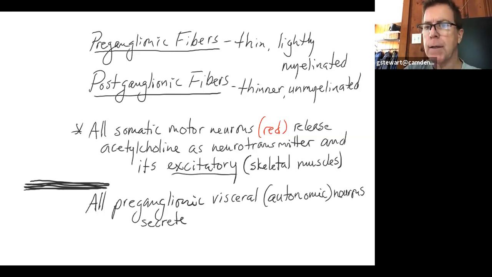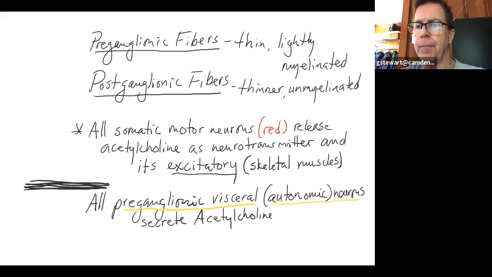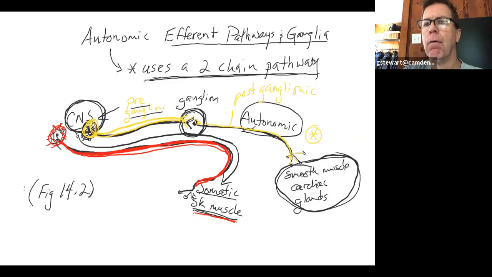These secrete acetylcholine as well, but hold the thought. So I'm just going to write preganglionic visceral. Remember, this is the yellow pathway, so I'm going to use yellow to underline them. They use acetylcholine. All that statement is saying is this: in this pathway, right, this first neuron, the preganglionic nerve fiber, it releases acetylcholine at this juncture.